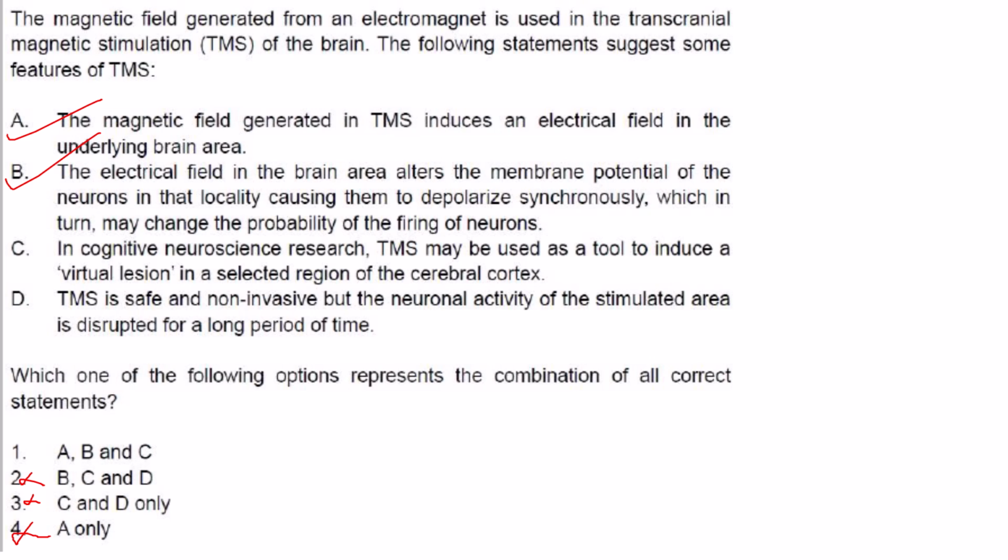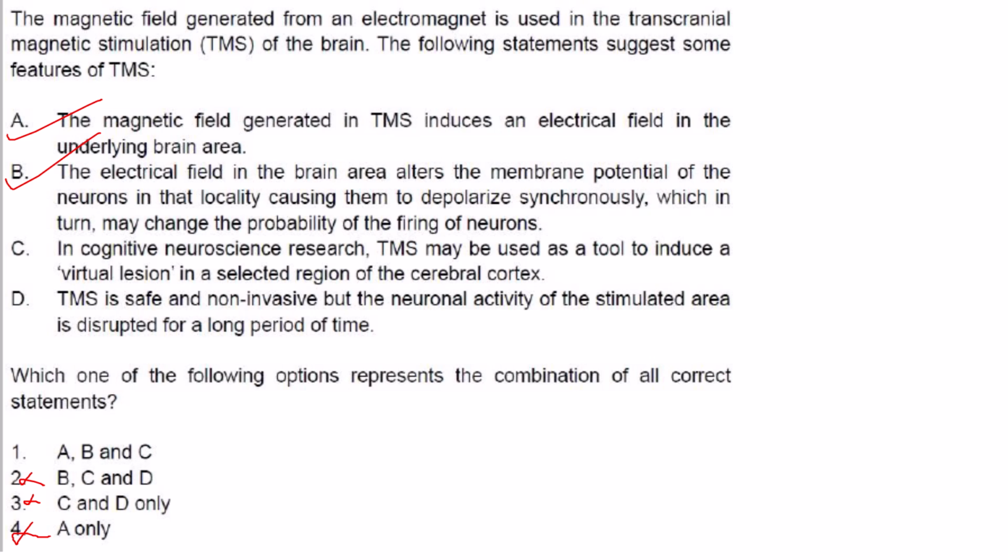If it is not, you can just move the coil to another specific region in the cerebral cortex, temporarily disrupt the neurons over there, and then you learn whether that region is causing the epileptic behavior in the patient. Like that, you can study by creating what is called a virtual lesion in the selected region of the cerebral cortex. So that was just an example for you to understand.